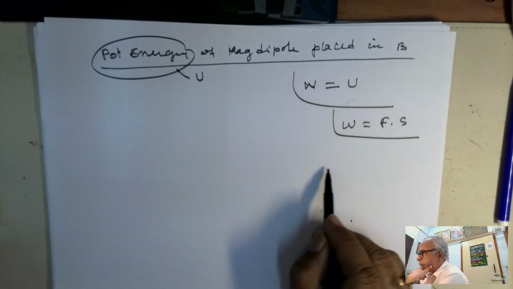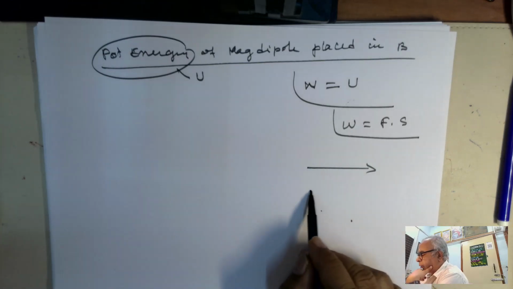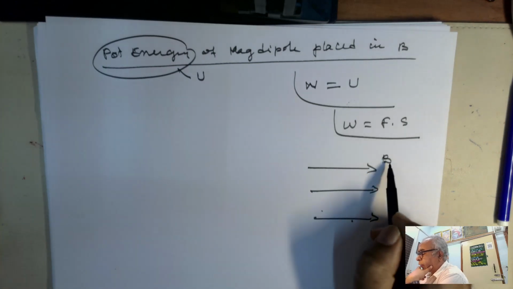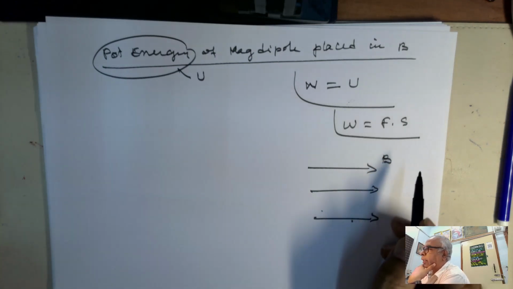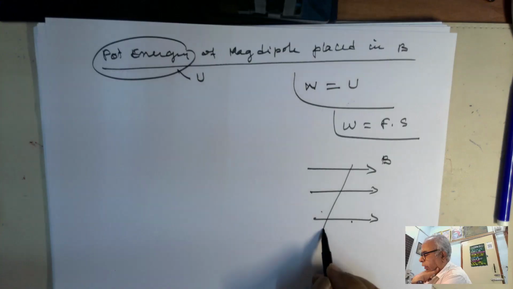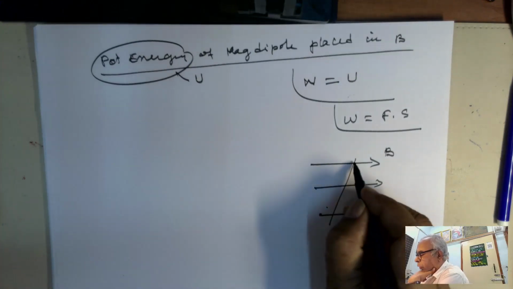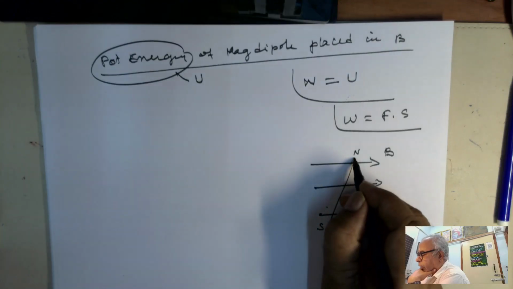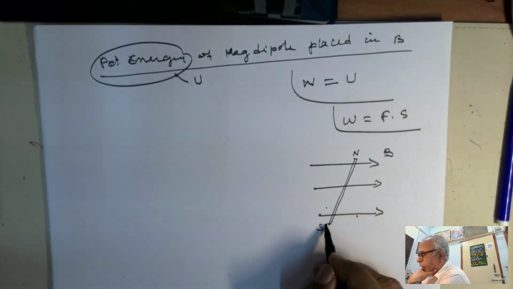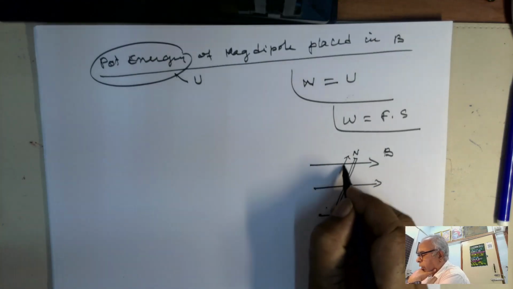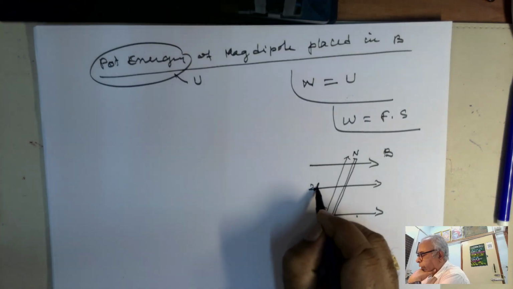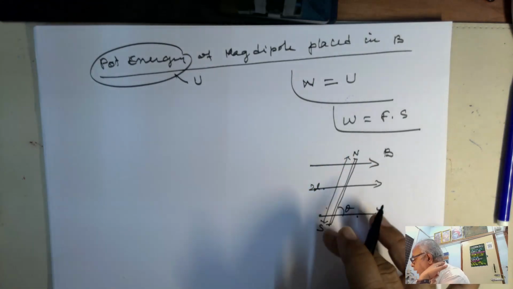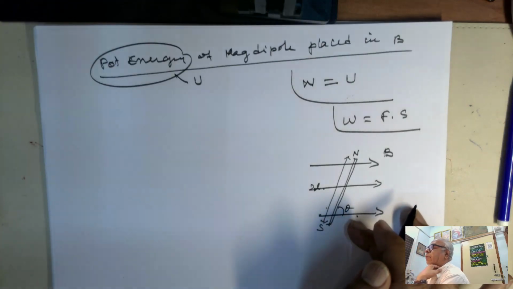Now we are working on that. Let us consider a uniform magnetic field. Here I have kept the north pole and the south pole, a dipole separated by the smallest distance, that is 2L, and theta is the angle between the dipole and the magnetic field line.